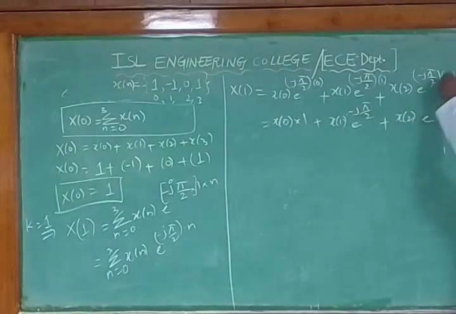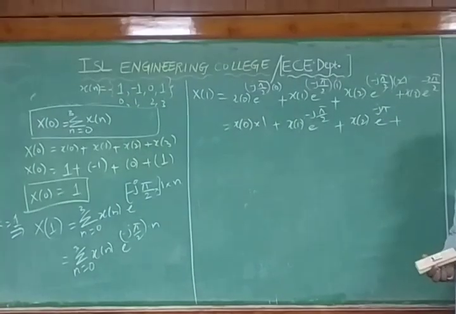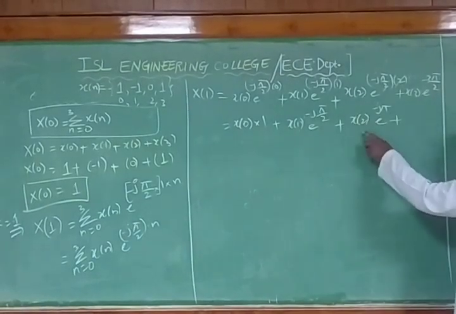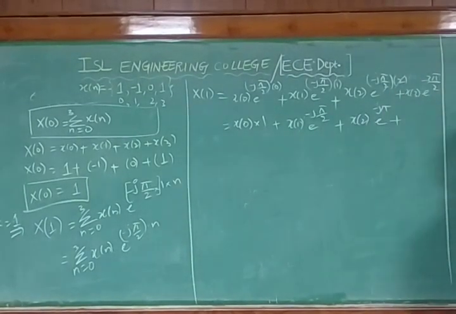The 2 gets cancelled, so I can write e power minus j pi, plus this factor, x of 3 e power minus j 3 pi by 2. So we got x of 2 that we are keeping as it is, this 2 gets cancelled. Next thing is x of 3 into e power minus j 3 pi by 2.